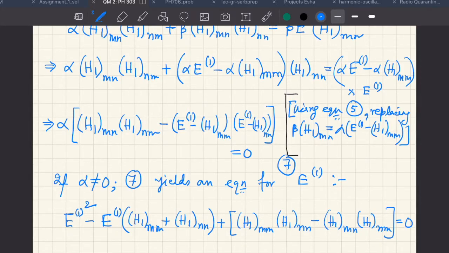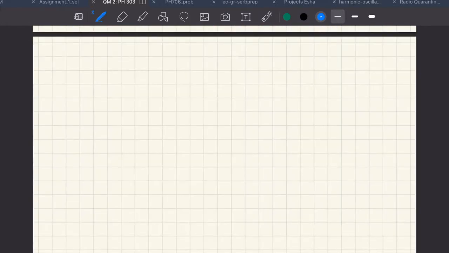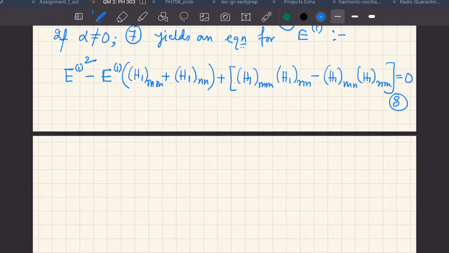So we will get two different values of energy as expected, as you have already seen when we discussed the nearly degenerate system. So this gives us E plus minus, the first order correction, two values of energy, which we have already tried to derive once for nearly degenerate systems.